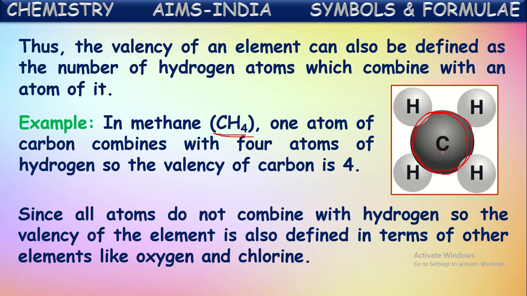All the elements are not expected to react with hydrogen. That's why for some other elements, valency is expressed or compared in terms of oxygen, or for some other elements, the valency is defined in terms of chlorine. Now let us see how the valency is defined in terms of oxygen.